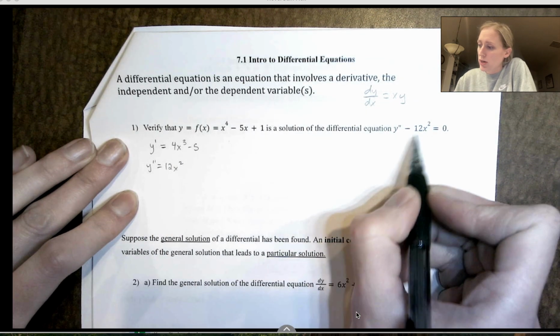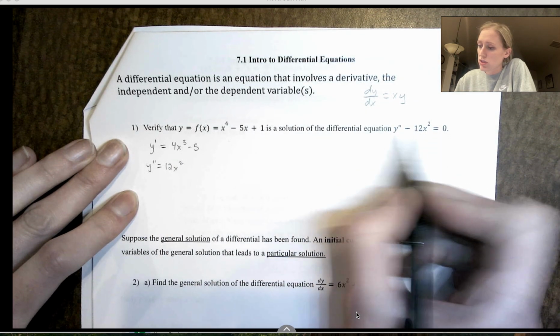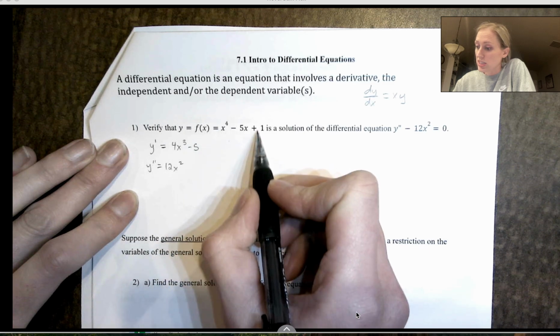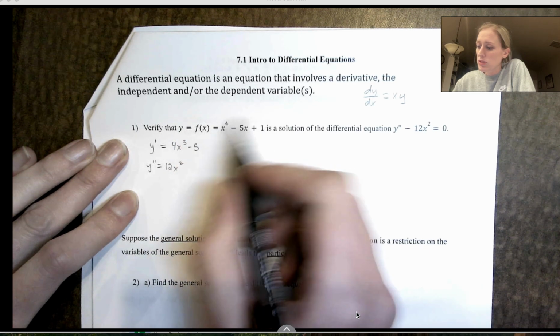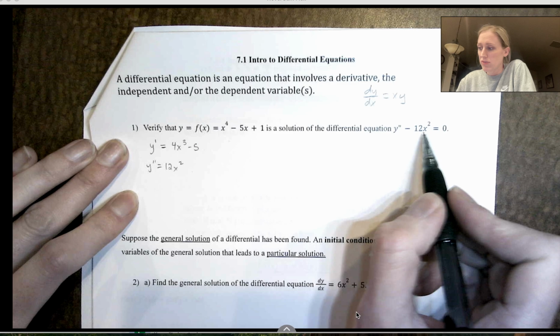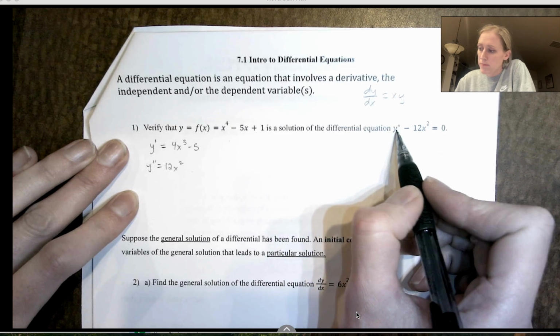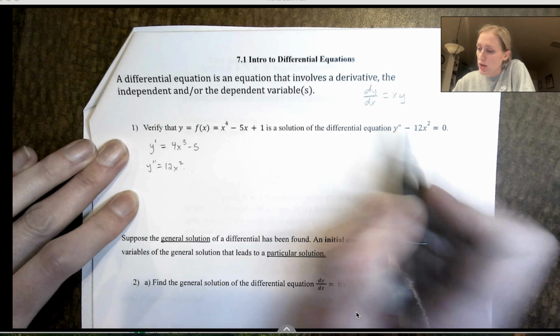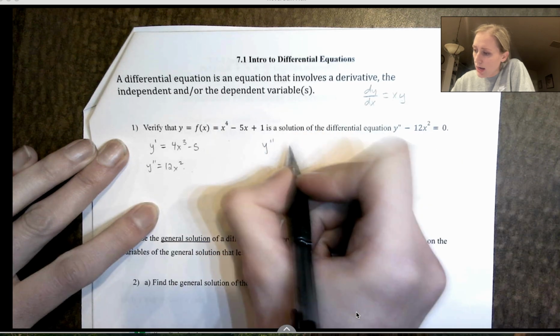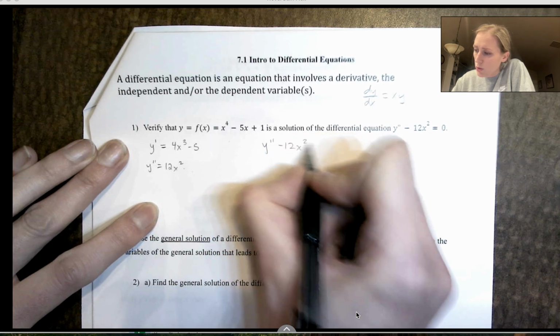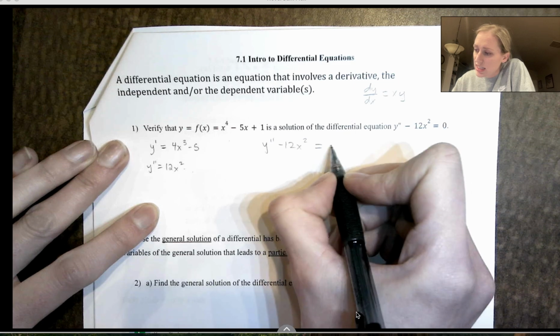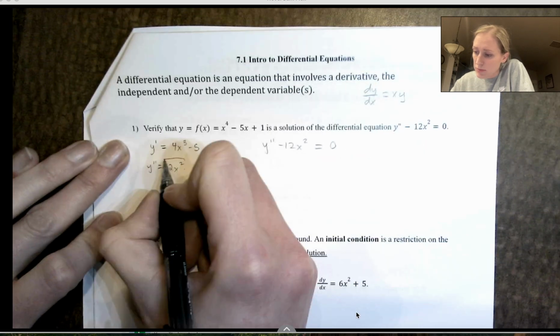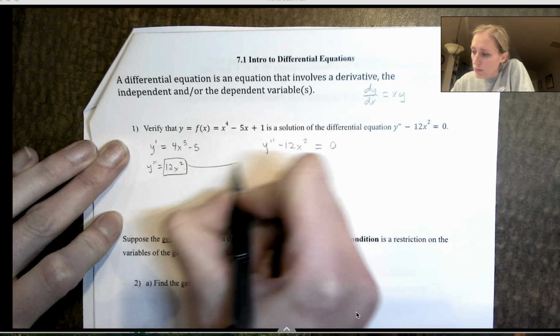So basically we're verifying that this solution is an equation. When y equals this, here's my first derivative, here's my second derivative. So I can substitute my second derivative in here. So we have y double prime minus 12x squared. We're checking to see, does this equal 0 when I substitute this in for y double prime?